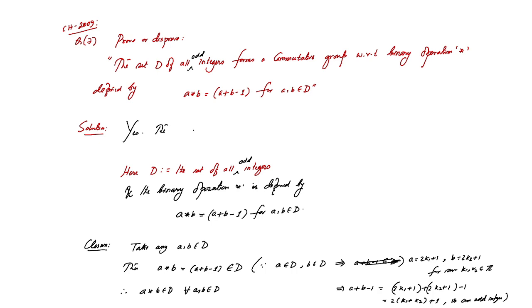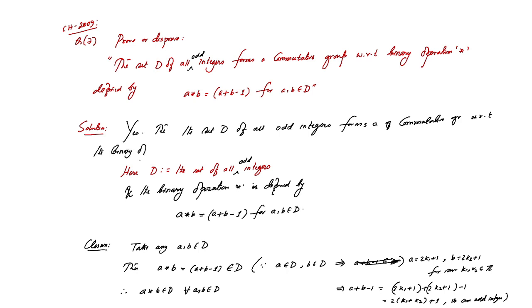Yes, the set D of all odd integers forms a commutative group with respect to the binary operation star defined by a star b equals a plus b minus 1 for a, b belongs to D. And this is our justification. We have checked all the properties.